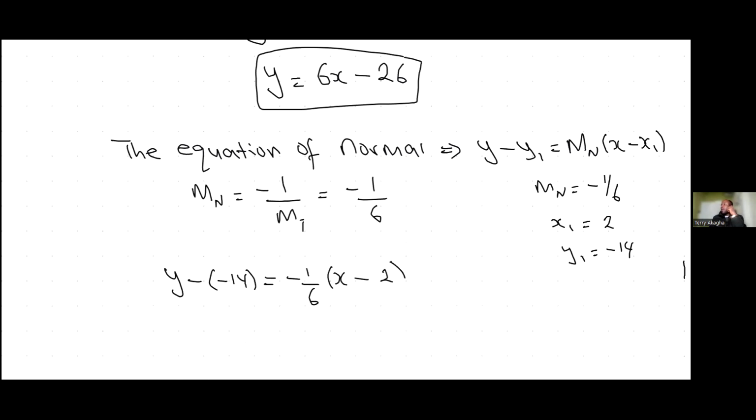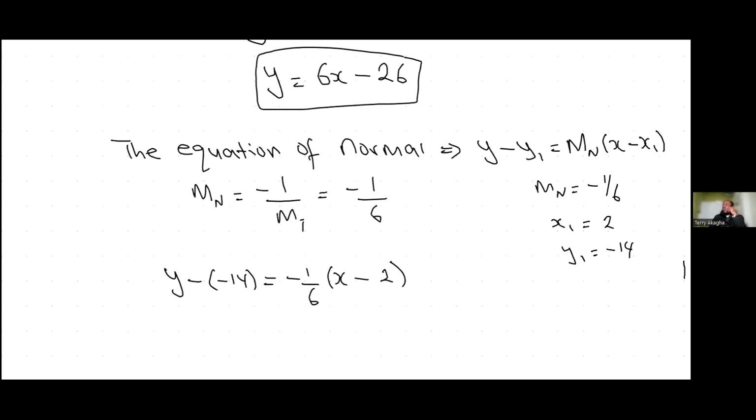So y minus 14, and minus times minus will give you plus. So it's going to be y plus 14 is equal to minus 1 over 6x, minus times minus will give you plus 2 over 6, or you can say 1 over 3. Then when you're done with that, we take 14 to the other side.